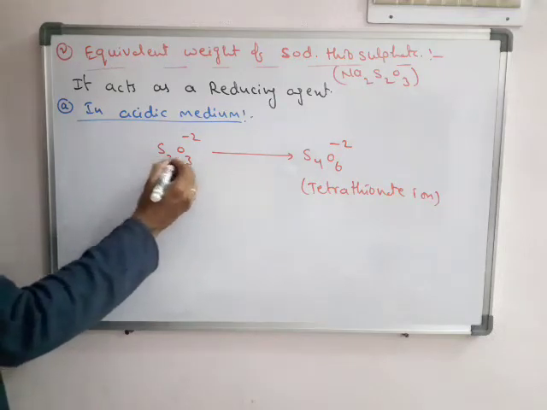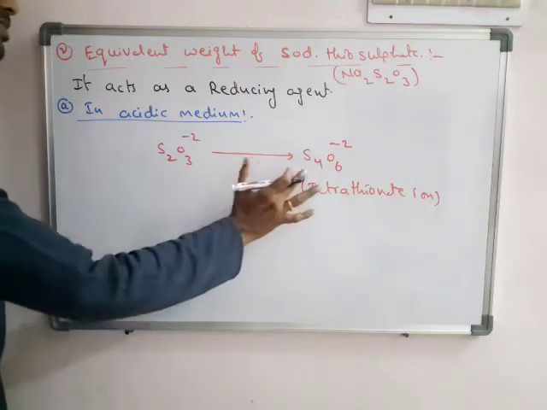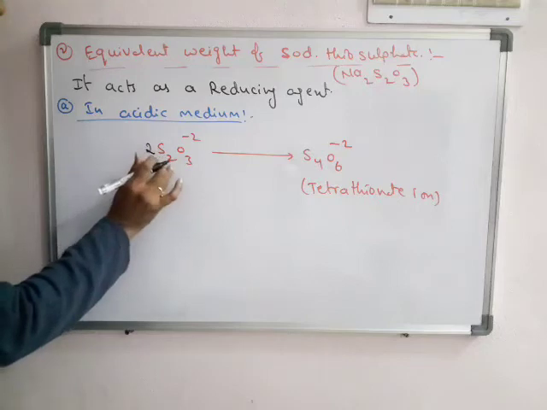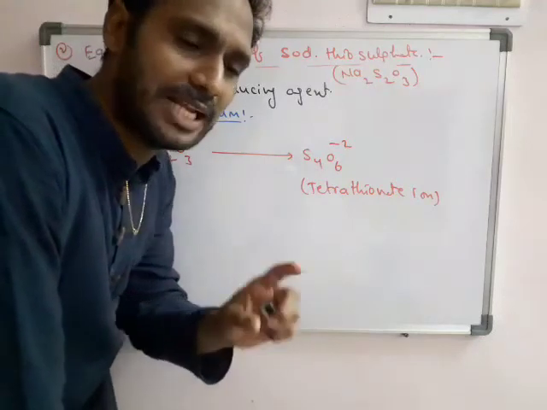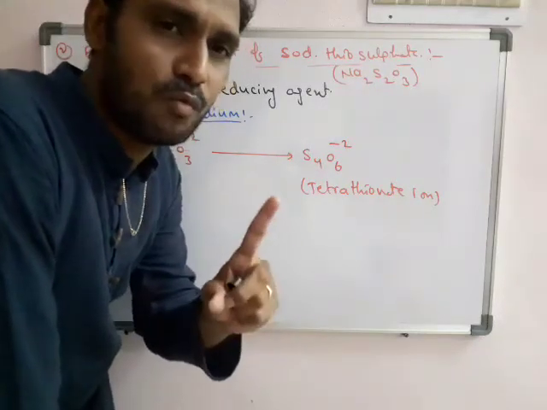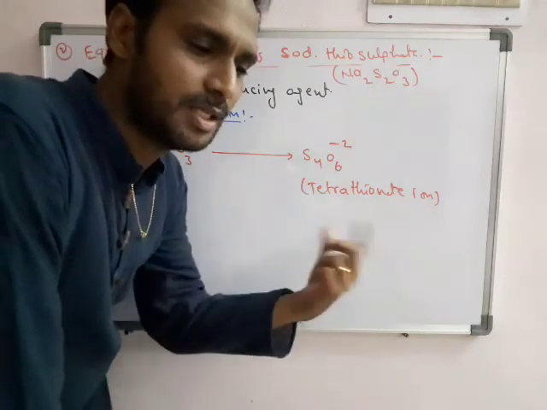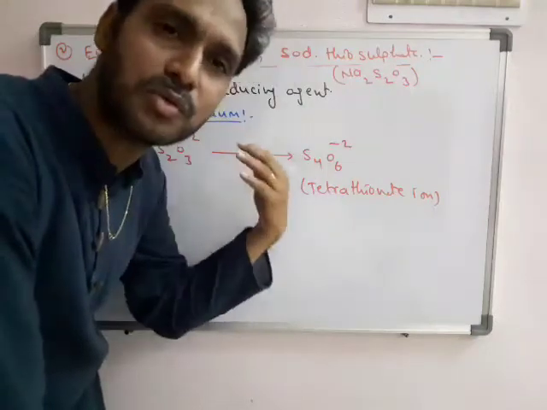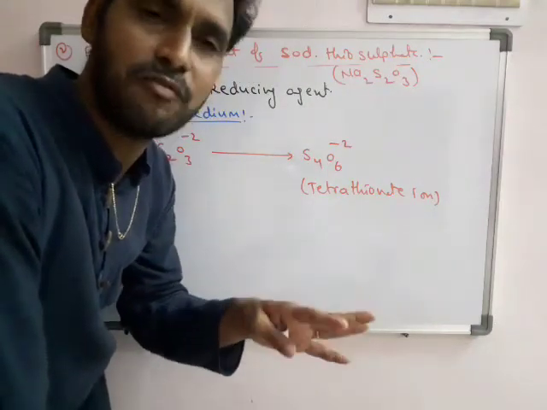So S2O3. To calculate the number of electrons, first we have to balance. Here there are 4 sulfurs, here only 2 sulfurs, so 4 sulfurs. The important thing is that the n factor is calculated for 1 mole of compound, 1 mole of substance: how many electrons it transfers. 1 mole of electron transfer is called the n factor.